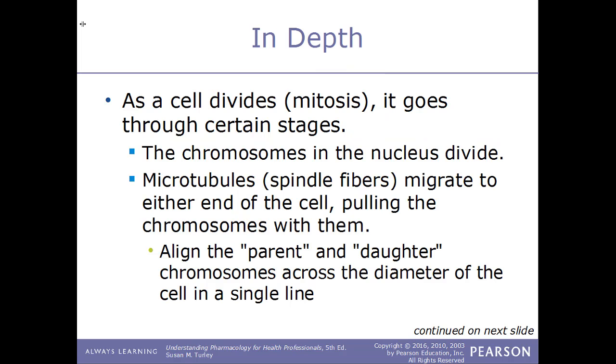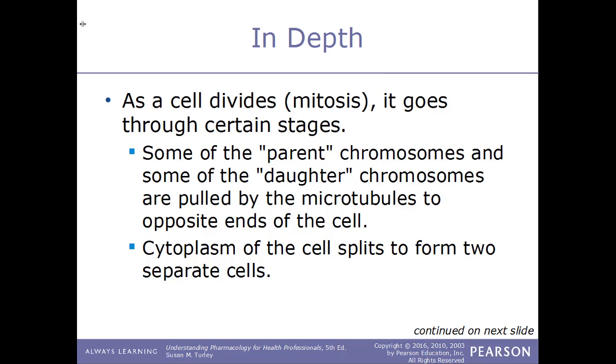All right, now we'll talk a little bit more in depth about the role of microtubules in cell division. Now, as a cell divides, it goes through certain stages. Now, the chromosomes within the nucleus have to replicate and then divide. So during the process, microtubules, or spindle fibers, will migrate to either end of the cell, pulling the chromosomes with them. So this will align the parent and the daughter chromosomes across the diameter of the cell in a single line.